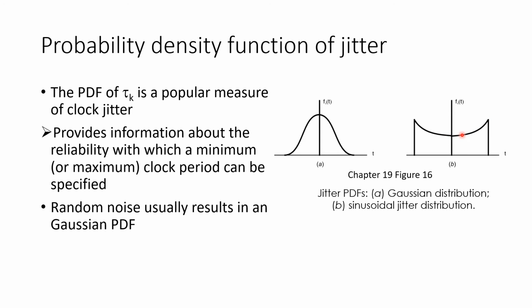In any case, the main point here is that the probability density function of the jitter is another useful metric that we can measure and observe that helps us understand the jitter that is complementary to the phase noise, provides different information.